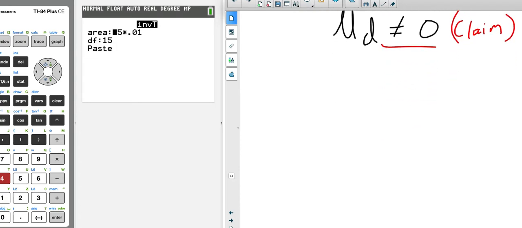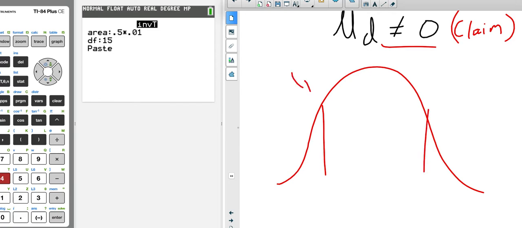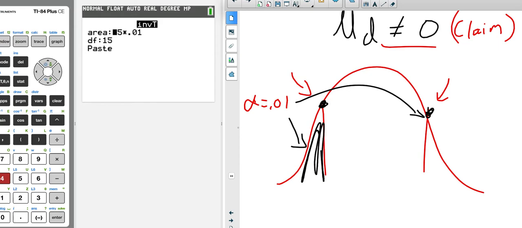We're trying to determine these two critical values, and our alpha value is 0.01. So that 0.01 is divided between here and here. So I want to find the number here and the number here, and then these would be our rejection regions out in these areas.